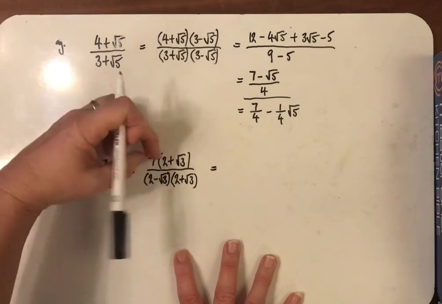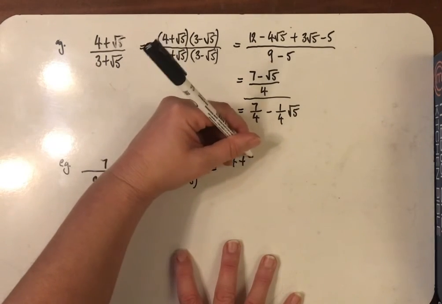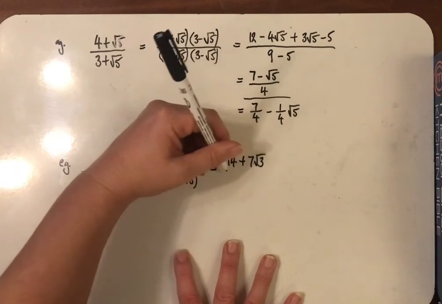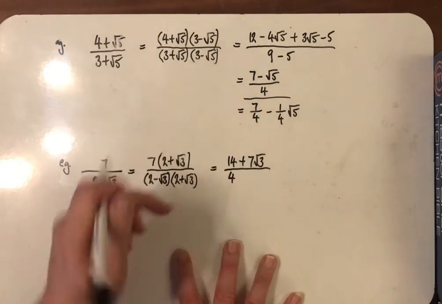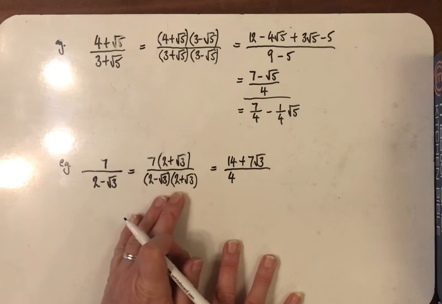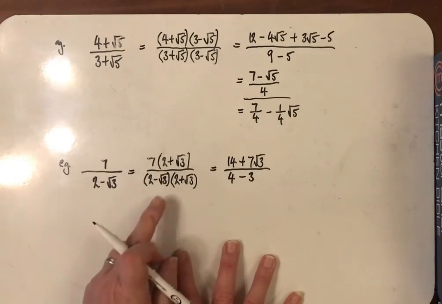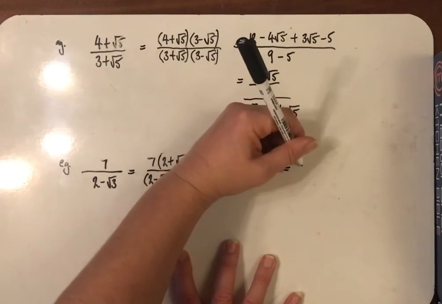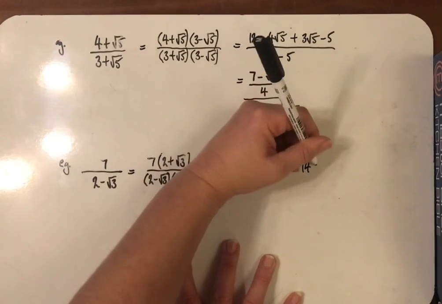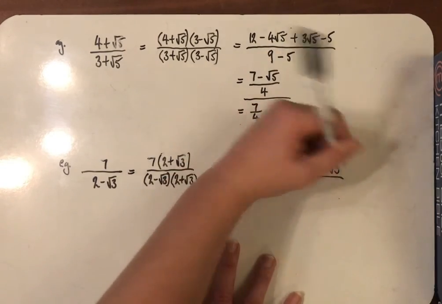And then the top becomes 14 plus 7 root 3. And underneath, I've got 2 times 2 is 4, plus 2 root 3, minus 2 root 3, they cancel each other out, minus 3, root 3 times minus root 3, minus 3. 4 minus 3 is 1, and so this one just goes down to 14 plus 7 root 3.